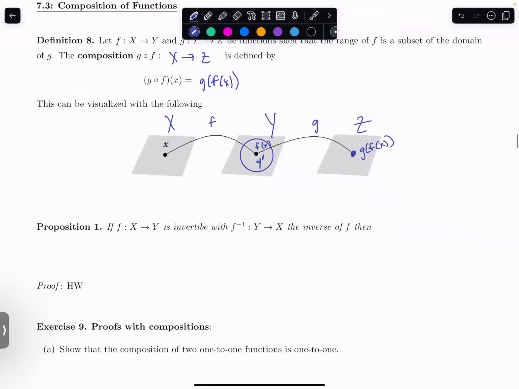All right, so if f from X to Y is invertible, f inverse from Y to X is the inverse of f, then the composition of functions works where you can compose them. f of f inverse of y is just y, you get back what you started with, or f inverse of f of x is just x.